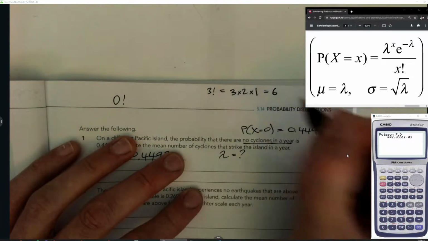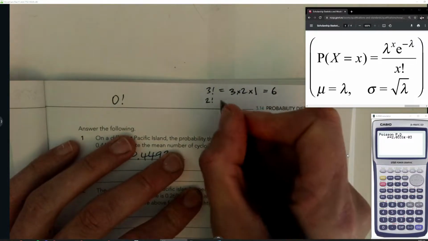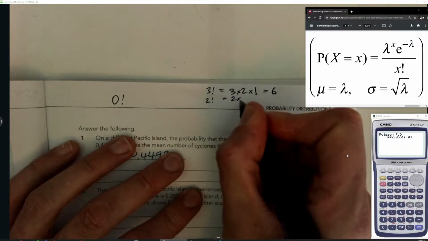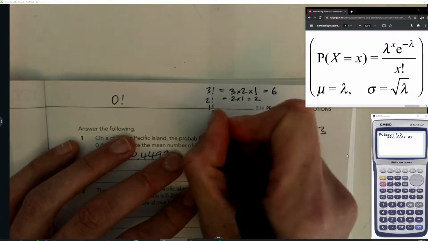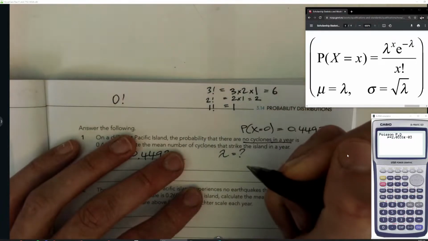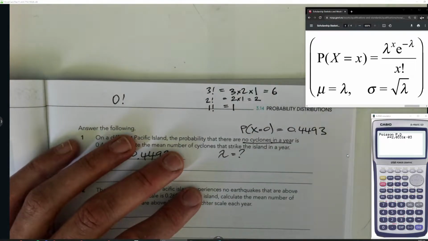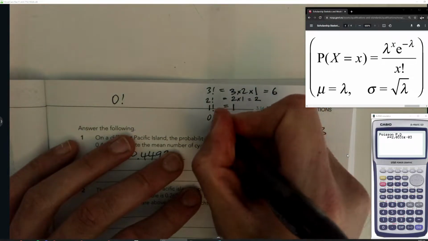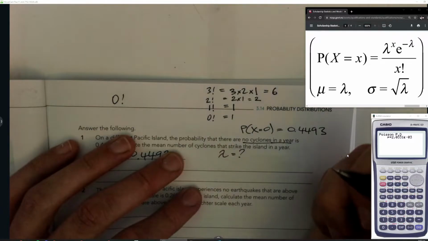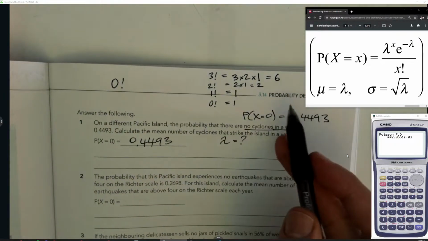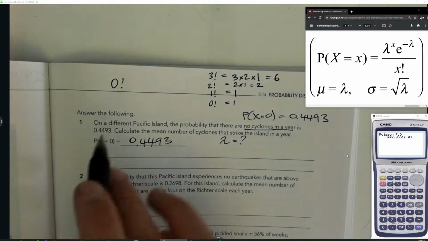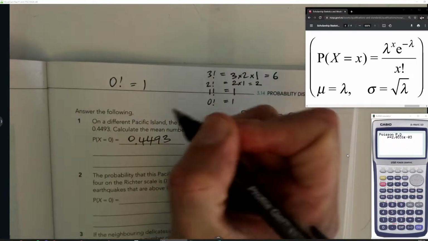And that is 6. 2 factorial would be 2 times 1, and that would come out as 2. 1 factorial would be 1. Now, the wacky thing is that 0 factorial is equal to 1. Kind of weird, and I could explain it in another video, but it doesn't matter too much. All you need to know is that 0 factorial is 1.